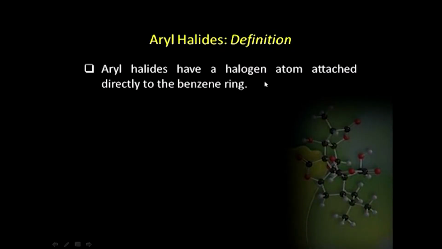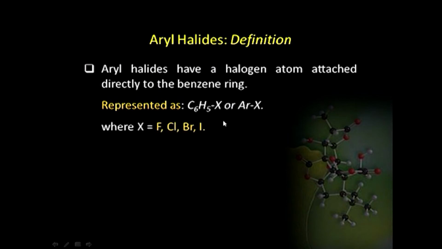In this lecture, we start with the aryl halides also. We introduce aryl halides and deal with the nomenclature of these aromatic compounds. Aryl halides have a halogen atom attached directly to the benzene ring. These are represented as ArX, where Ar is the aryl group, for example phenyl in this case, and X is the halogen atom which is attached to it.